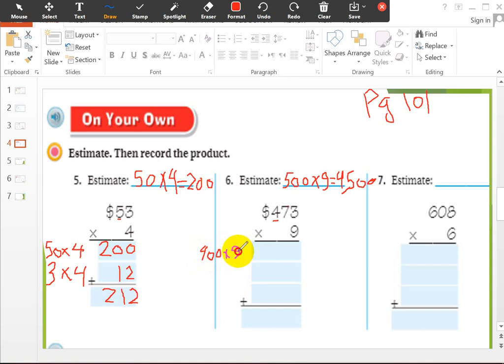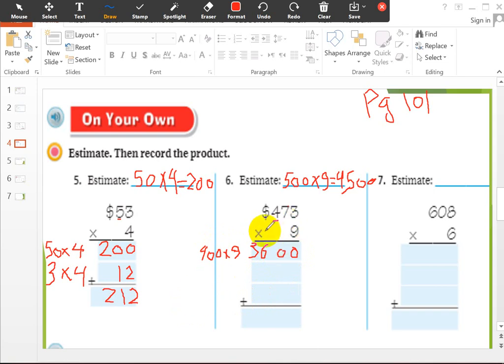I have to multiply 4 with the 9. 4 multiply 9 equals what? Equals 36. Okay? And I will put 2 zeros next to the answer, so it will be 3,600. Okay, thank you, girls.